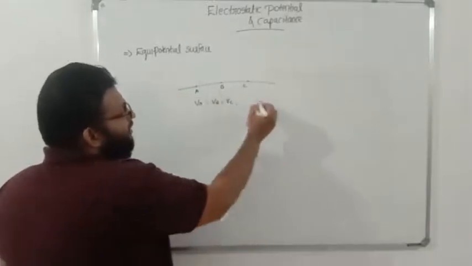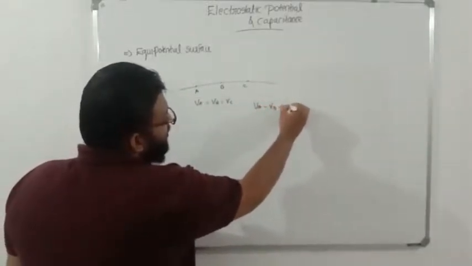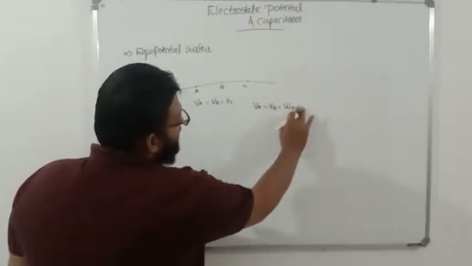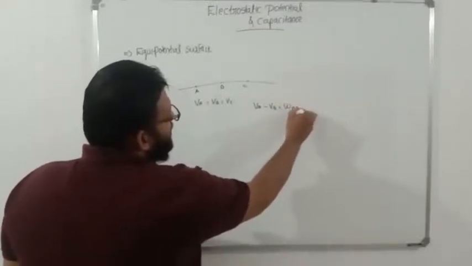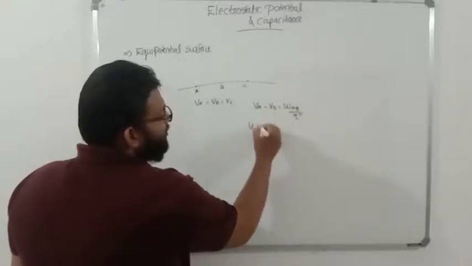Since we have the equation VA minus VB equals VAB by Q, what is the work done to move a charge Q from A to B?